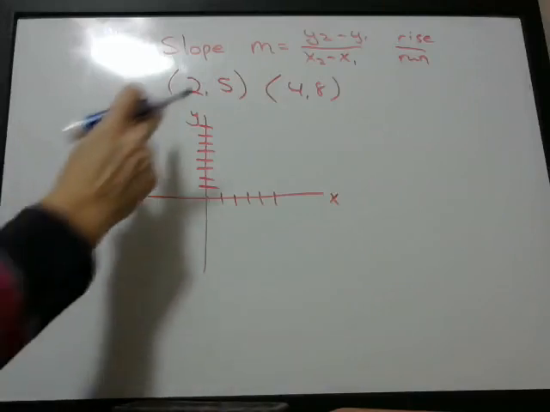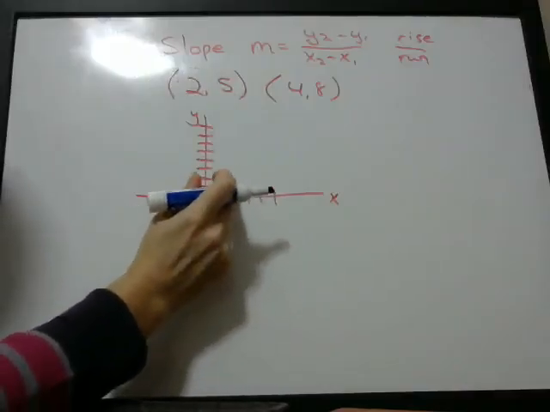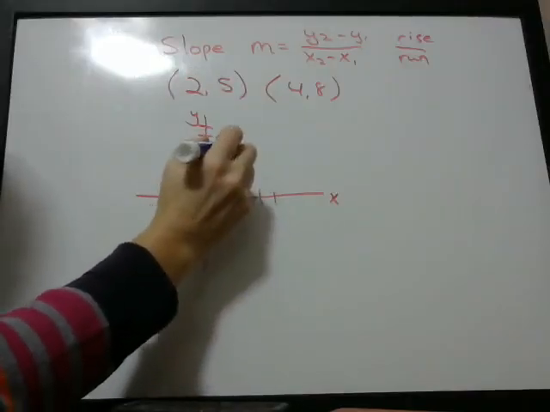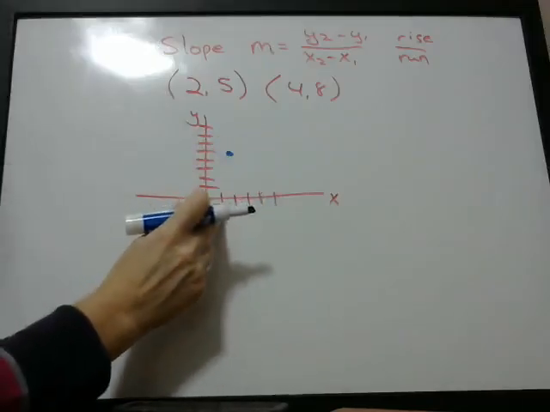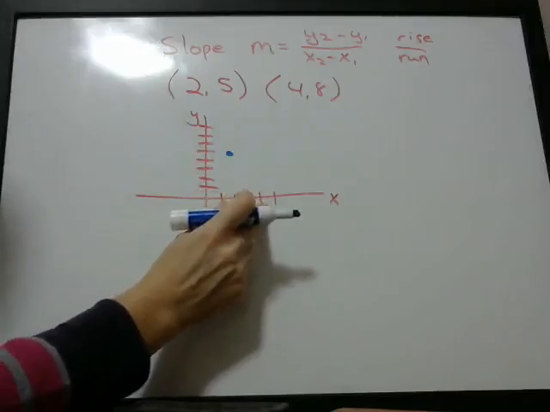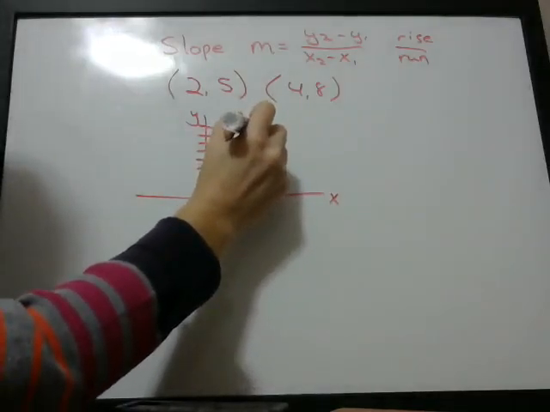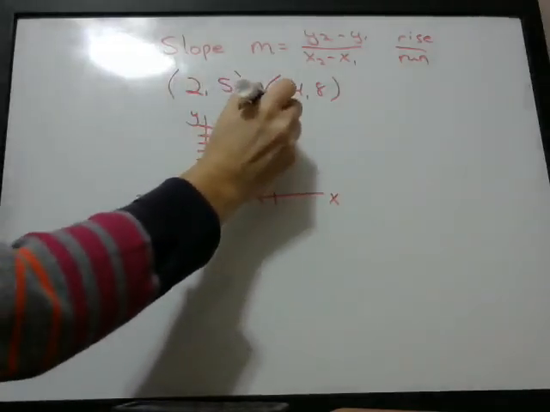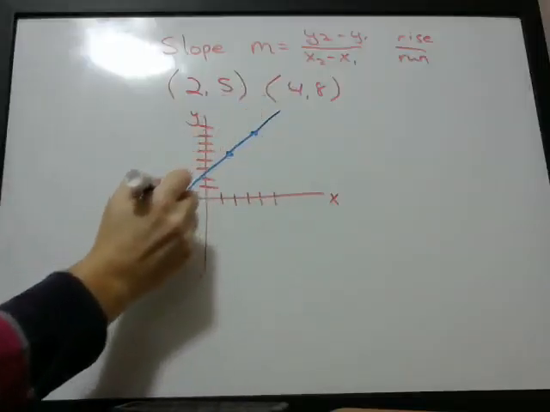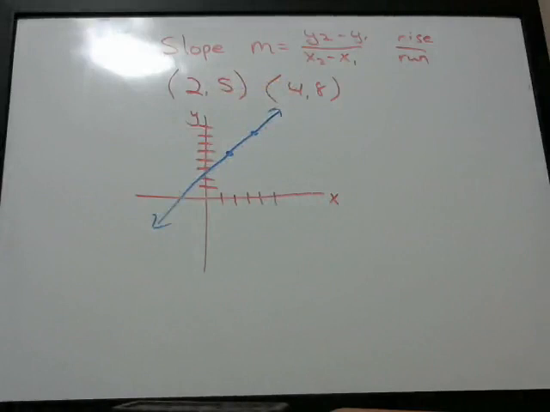The first point is (2, 5). So if this is 1, 2, and 1, 2, 3, 4, 5, we're going to plot it right here. The second point is 4, so 1, 2, 3, 4, and up 8. So we count up 8, and it's up here. So these are the 2 points. We've just plotted them, and we're going to connect them and figure out what is the slope of the line that connects those 2 points.